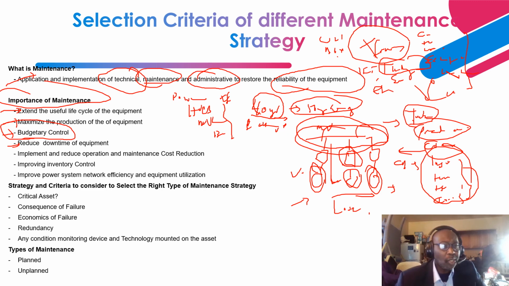So once you implement all these maintenance tests of all these parameters, you end up reducing the downtime of the equipment because you are able to enhance the reliability of this equipment.